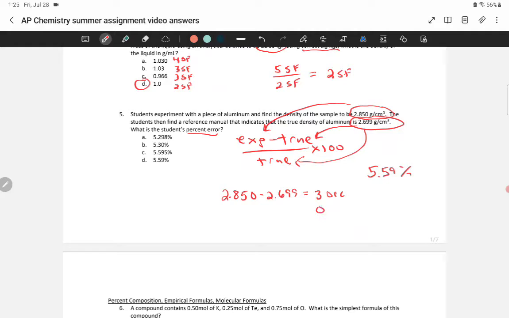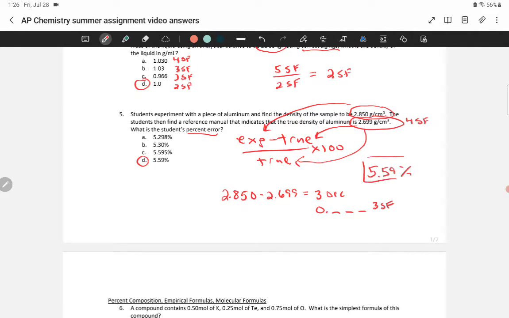So that's going to give me a 0 point with 3 decimal places. That is 3 sig figs. And then I'm going to divide that by the true value, which has 4 sig figs. So now 3 sig figs divided by 4 sig figs gives us an answer of 3 significant figures.